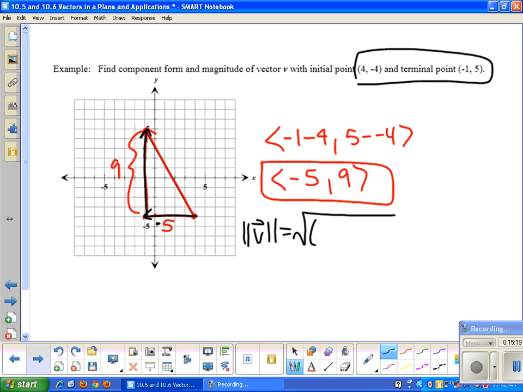So in this case, we have negative 5 squared plus 9 squared, which is just the Pythagorean theorem because I'm using this as my right angle right here. And I'm trying to figure out this length right here. So 5 squared is 25 and 9 squared is 81, which gives me the square root of 106. So now I have the component form and the magnitude of vector v.